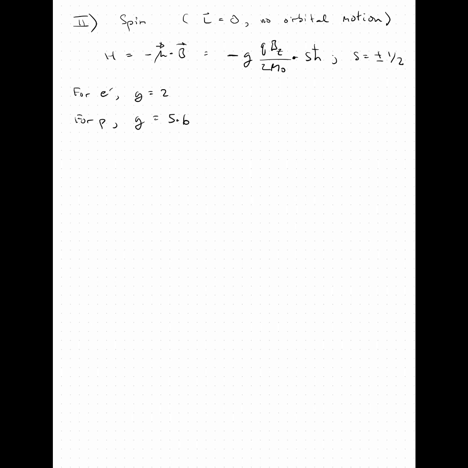Because electrons have spin and they can interact with the magnetic field, there is this term that arises called the Zeeman effect. And the Zeeman splitting we found arose in the Stern-Gerlach experiment.